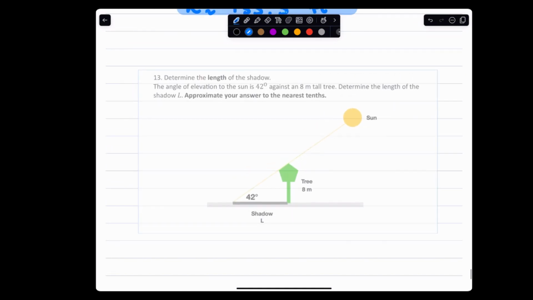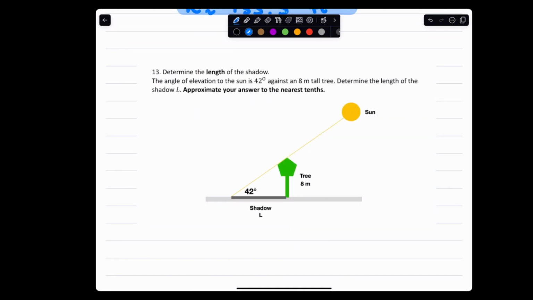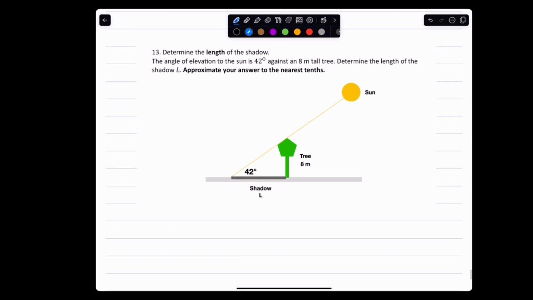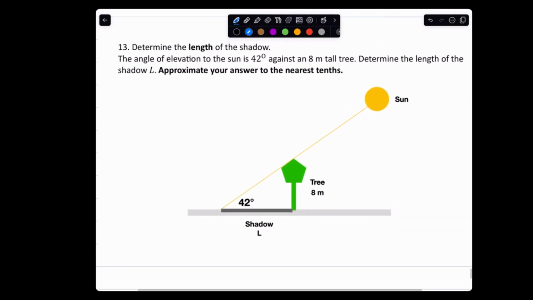You might say, Mr. Judge, can I do this process with a tree instead of a building? And what do you guys think the answer is? Let's read it. Hopefully there's no typo. The angle of elevation to the sun is 42 degrees. That means the eyeball is on the ground, because my object is the sun.